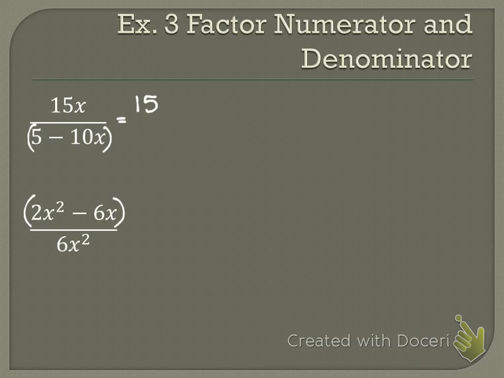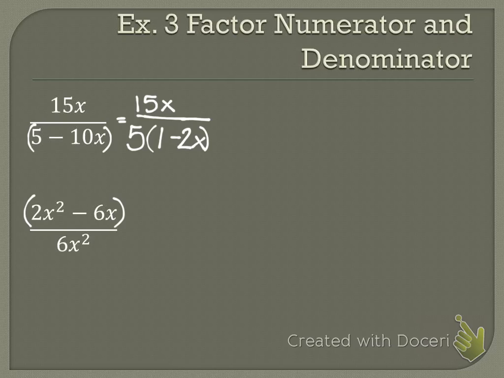So I leave 15x just like it is because there's nothing that I can do to it right now. But I'm going to take out that greatest common factor of 5 on the bottom of my fraction. So remember, now I divide. What's 5 divided by 5? 1. What's negative 10 divided by 5? Negative 2. And then I did not do anything to the variable, so I leave that x there.